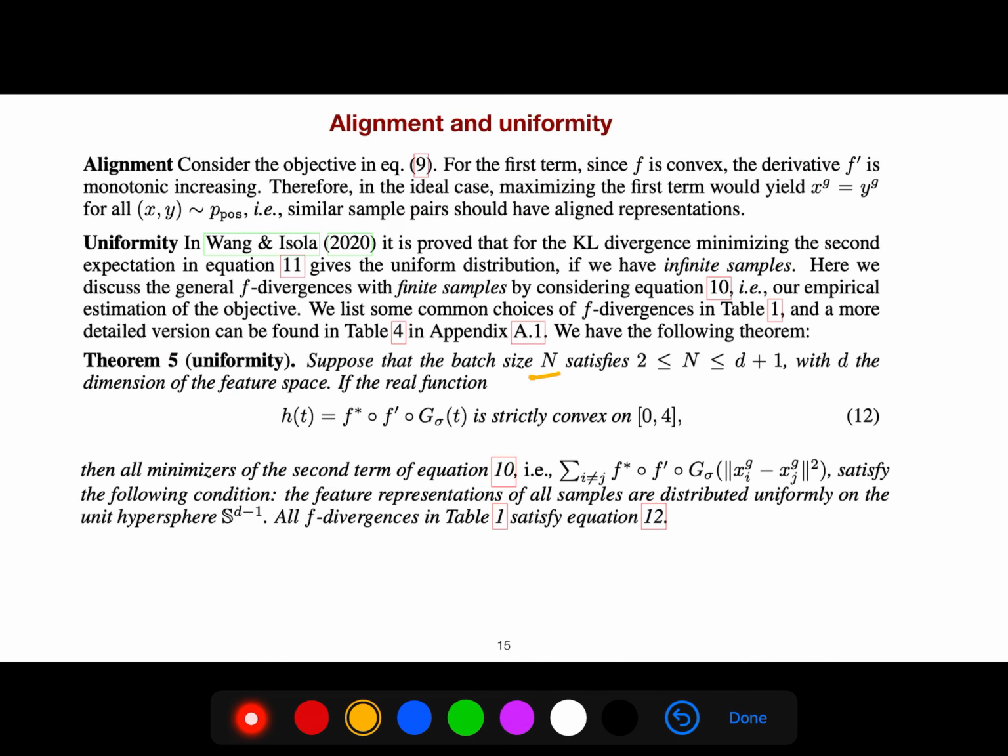And if the batch size is n, for example 32, with d being the dimension of the feature space, if the function is strictly convex, then all minimizers of the second term satisfy this fact, that the feature representations are distributed uniformly on the unit hypersphere. So it's a very big result that if we just satisfy that, then all samples are distributed uniformly. That is what we want.